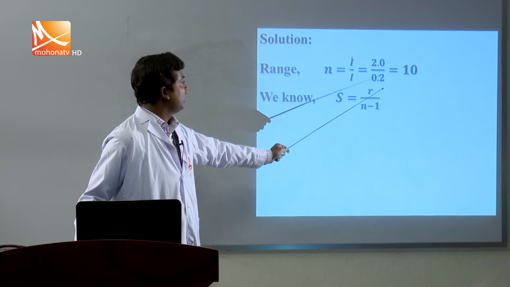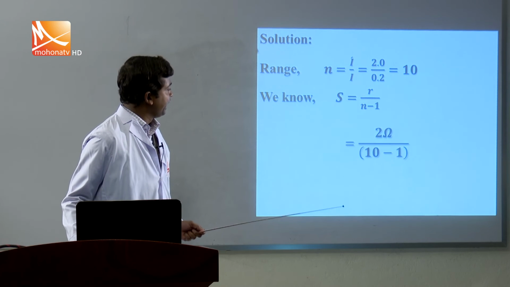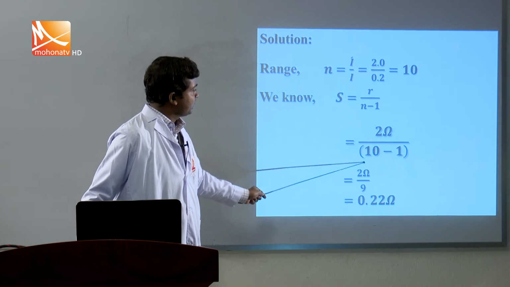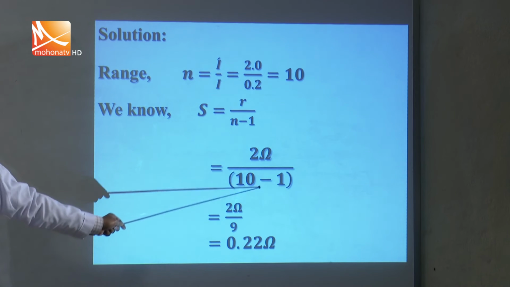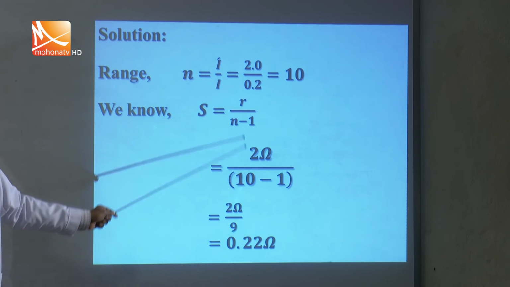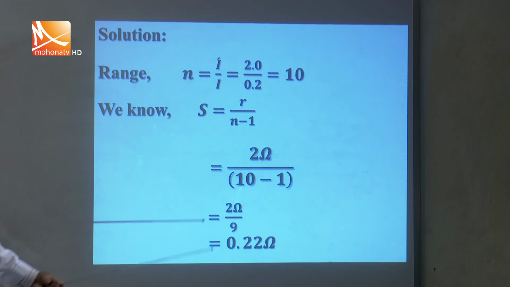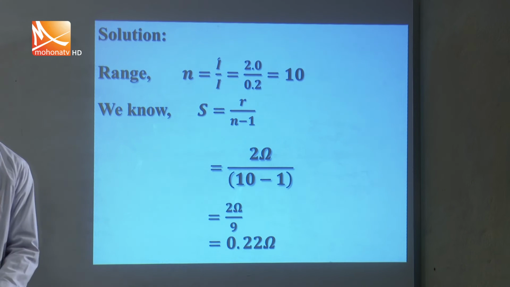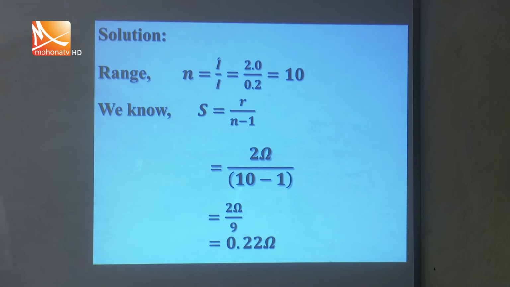Putting the value of R and N, you will get 2 ohm, this is the internal resistance, and N is 10, the N times current. Simply, 2 ohm by 9, you will get 0.22 ohm. So this is the desired shunt that you have to calculate for 10 times more current in the circuit.